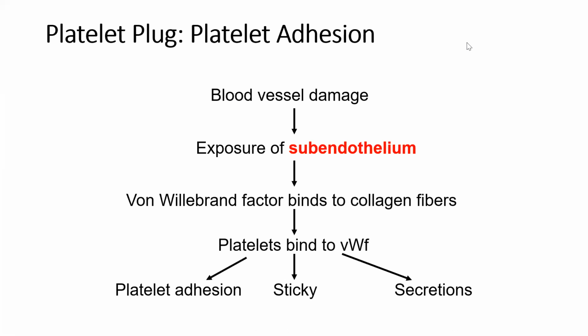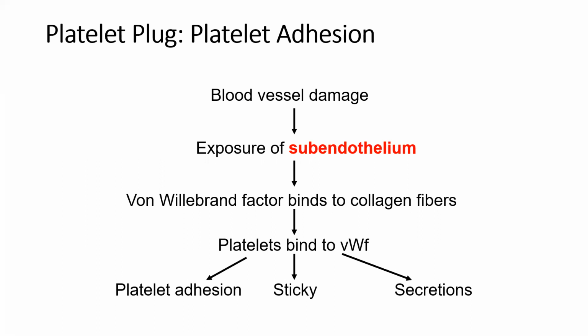And that exposes that layer such that von Willebrand factor, which is a factor in our blood, can bind to the collagen fibers that are exposed in that subendothelium, okay? So it really creates this sticky environment for platelets to bind to that von Willebrand factor and begin secreting some of the other components that are required for a more permanent blood clotting to happen and really permanently seal that injury, okay?